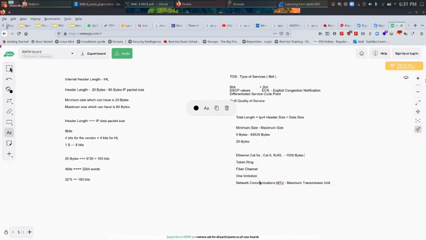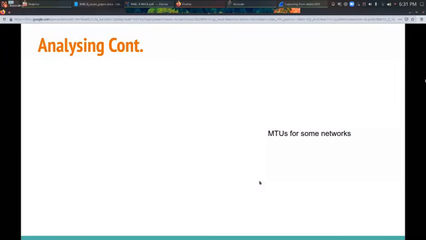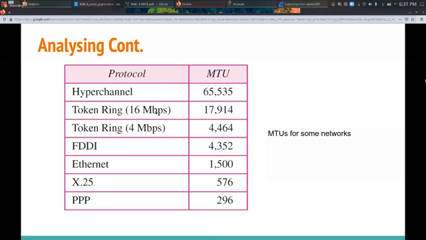If you look at the MTU values, token ring supports 17,940 for the 16 Mbps channel. Token ring with the 4 Mbps channel supports 4464.